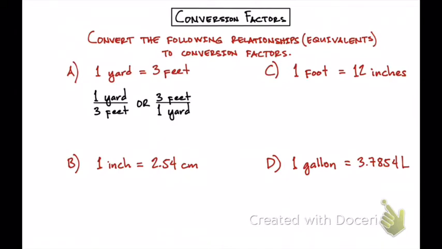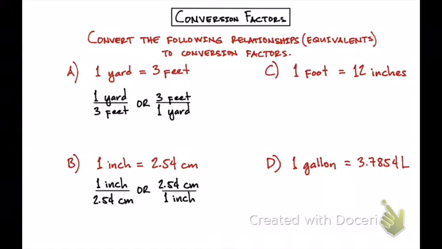And so again, you can write down 1 inch in the numerator and then 2.54 centimeters in the denominator, or the inverse, 2.54 per 1 inch. All right, part C here, 1 foot equals 12 inches. So the conversion factor would be 1 foot per 12 inches, or 12 inches per 1 foot.